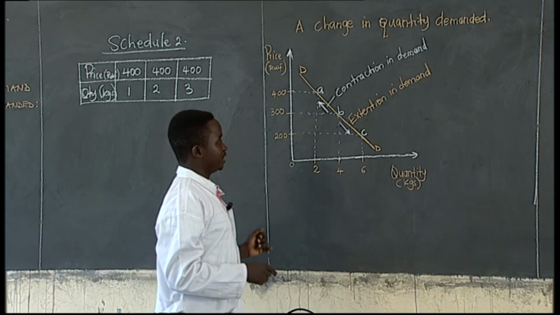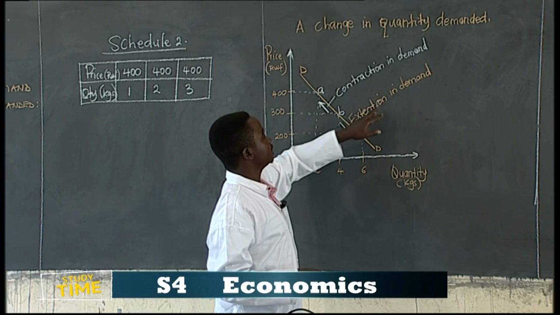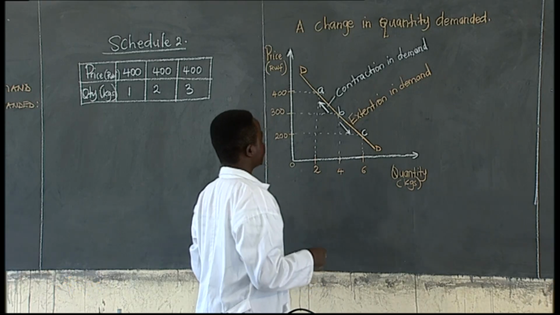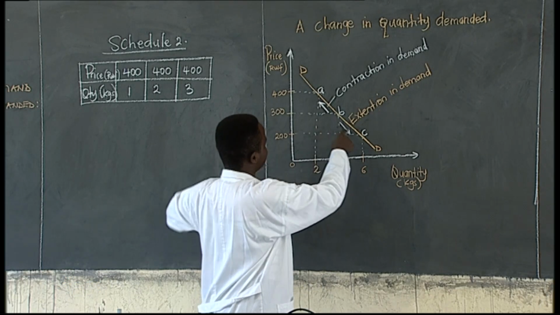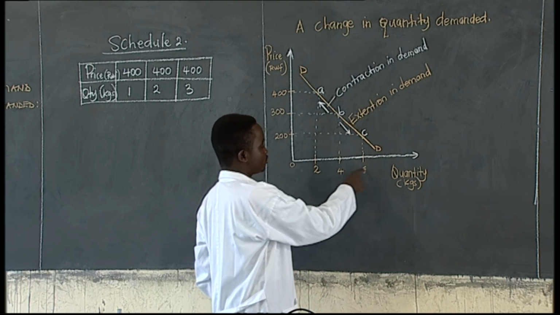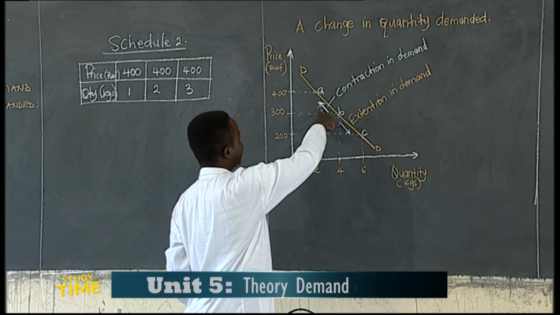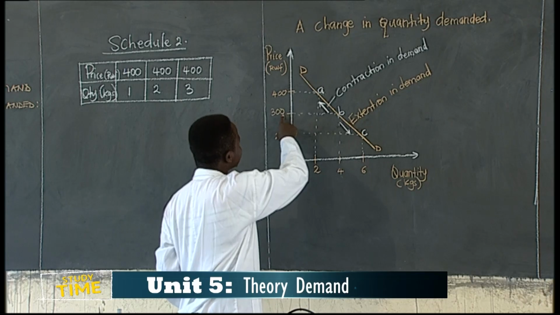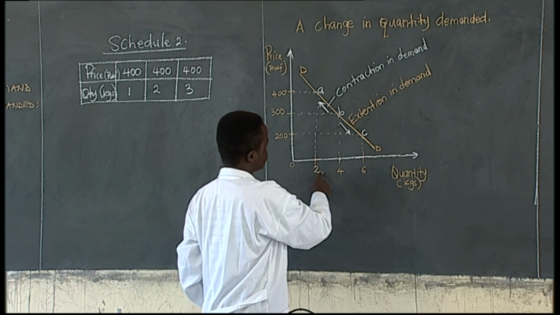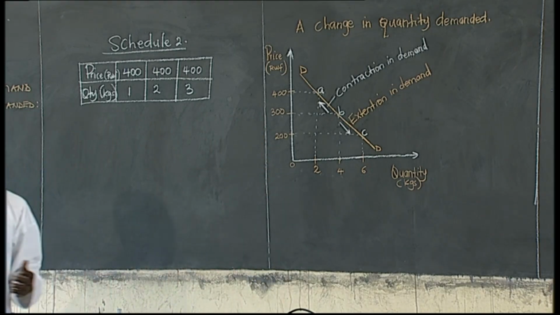When you say an extension in demand, it means the consumer responded to the price reduction from 300 to 200, and quantity demanded increased from 4 to 6 by 2 units. Likewise here, an increase in price from 300 to 400 led to a reduction in quantity demanded from 4 to 2 units. So that is a change in quantity demanded.